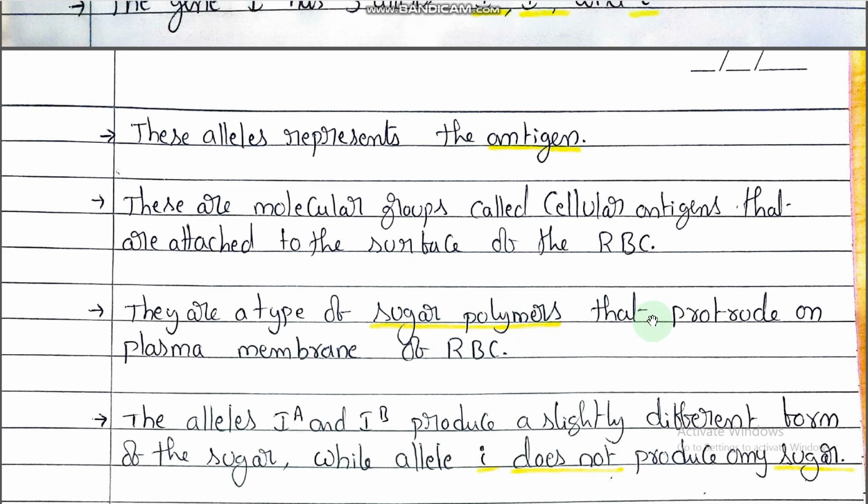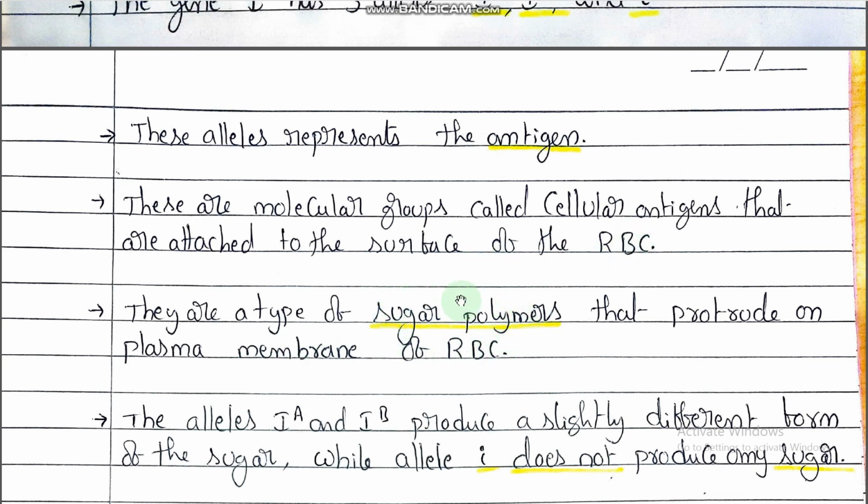These sugar polymers protrude on the plasma membrane of the RBC. Protrude means they come outside through the plasma membrane of the RBC.